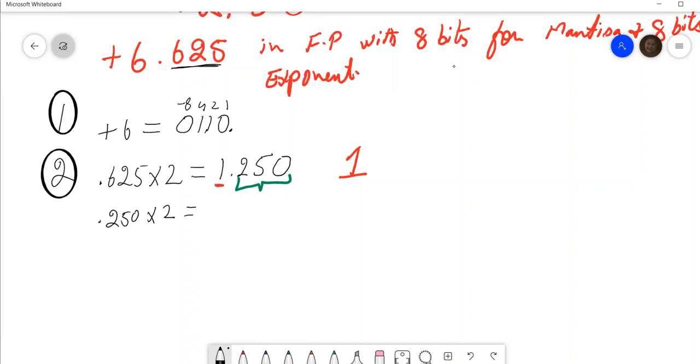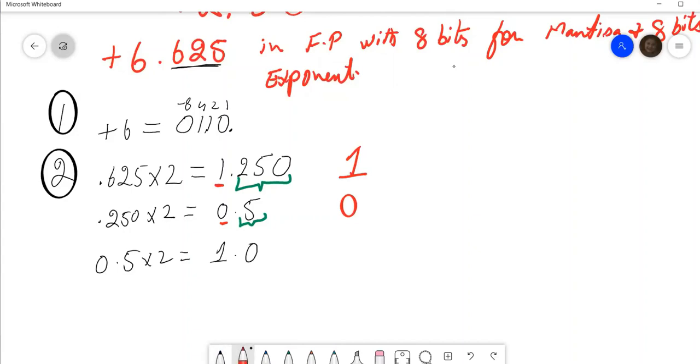So when I multiply 0.250 with 2, I will get 0.5. Because here I have 0, I will put 0 over here. And this 0.5, I will bring it over here. 0.5 multiplied by 2, and you know that it is 1.0.